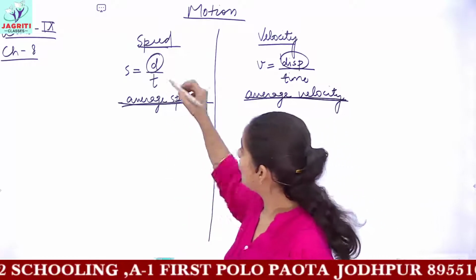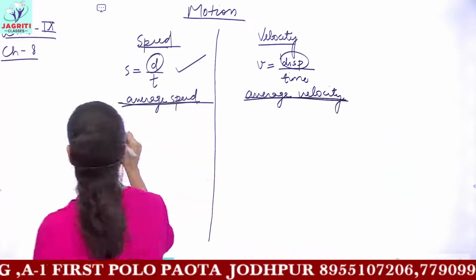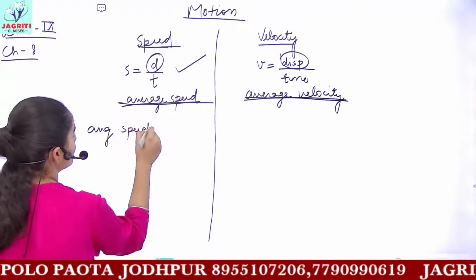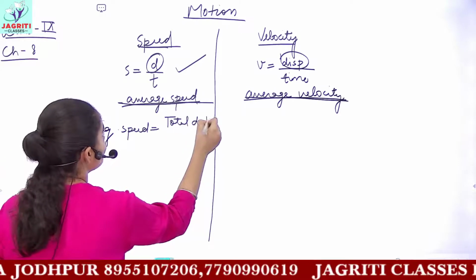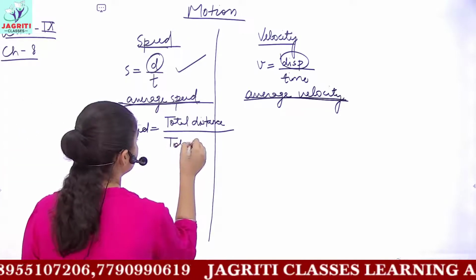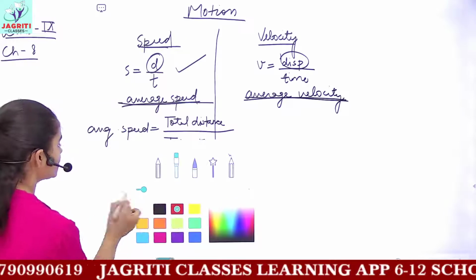So where will you apply the formula for calculating speed and average speed? The formula here for average speed is, you just write total distance instead of distance, total distance covered upon total time taken. This is just the difference between these two formulas.